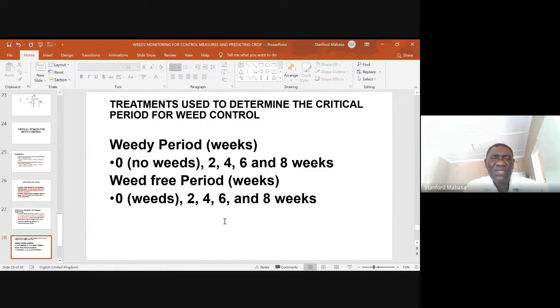Then we have the weed-free period in weeks, where you can vary this period from 0, where you have weeds, then 2, 4, 6, and 8 weeks, in which case you don't have weeds.